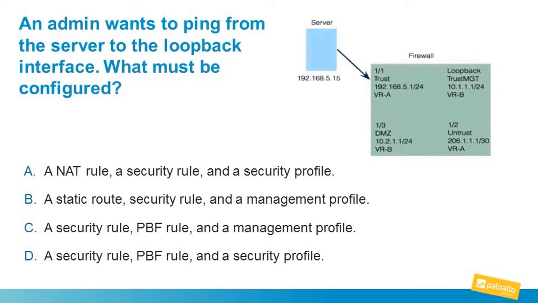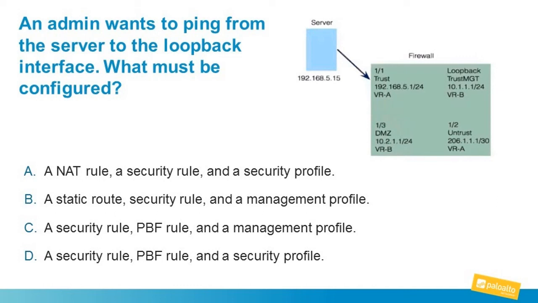It looks like it's connected to the trust interface, which has a 5.1 address in the same network, and its own virtual router A. 1/3 is in the DMZ, a different VR, different network. 1/2 is in the same virtual router with a public IP, different zone. And we have a loopback interface, different zone, different network, different virtual router. Holy smokes. So how do we get the traffic to the loopback interface is the question.